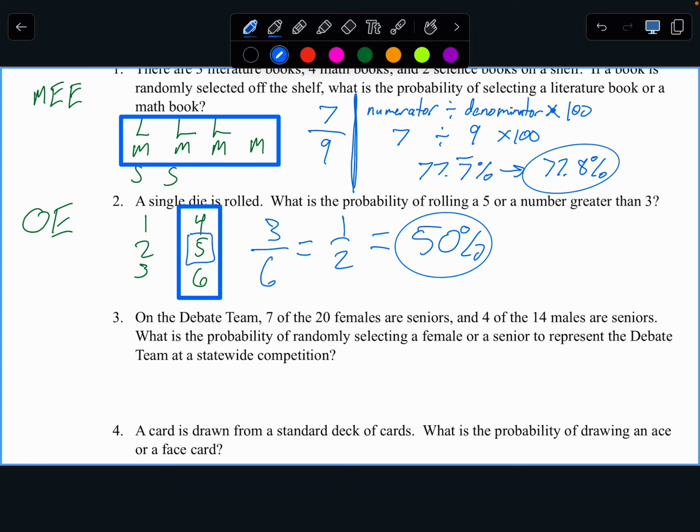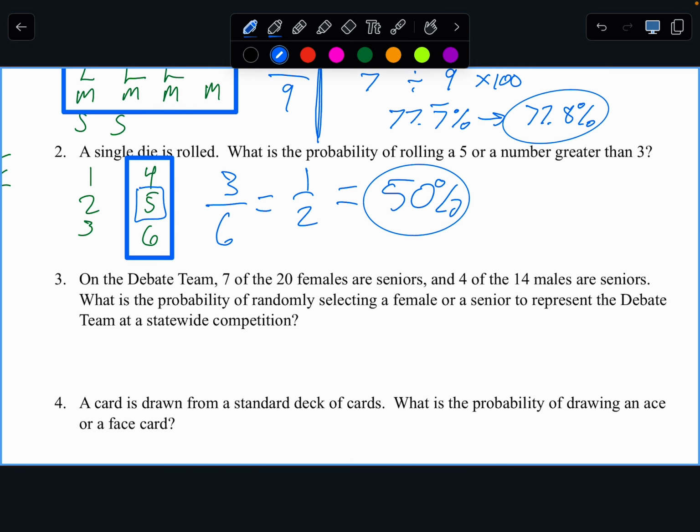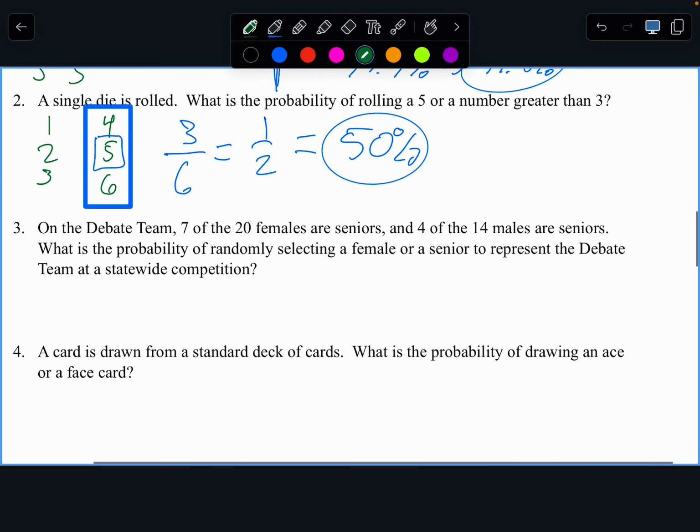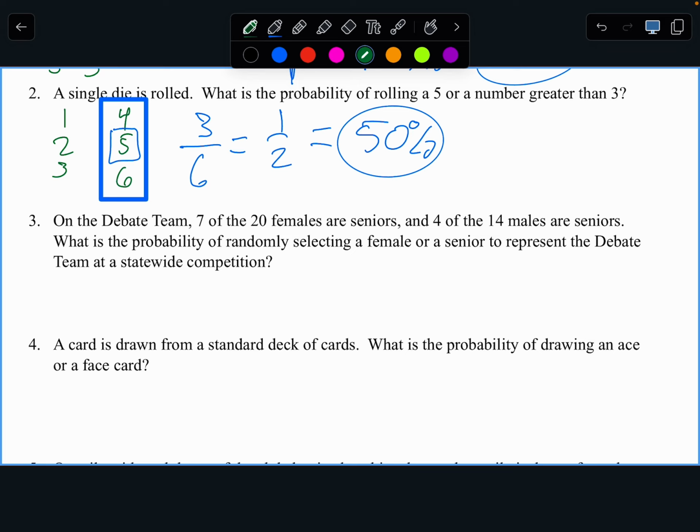Now, this last one, number 3, is going to be the trickiest one of the 3 we do together. It's going to be one of the trickier ones on this whole homework sheet. Let's take a look at number 3. On the debate team, 7 of the 20 females are seniors. 4 of the 14 males are seniors. What is the probability of randomly selecting a female or a senior to represent the debate team at a statewide competition?